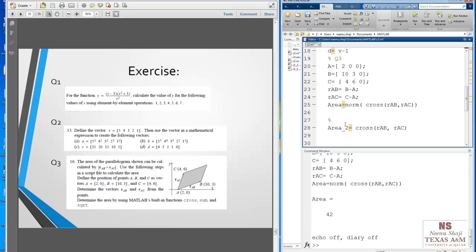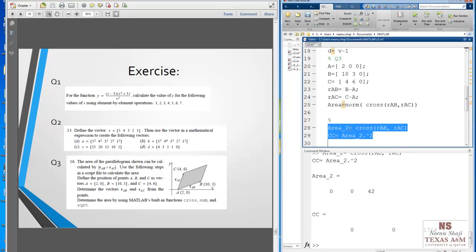Now we need to find the square of every element here. So let's call it area underscore 2 dot raised to 2, and then the sum of all the elements in that vector. So if you run this, you get the square of every element.